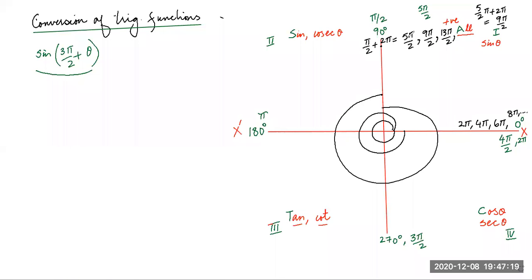Pi by 2, 5 pi by 2, 9 pi by 2, 13 pi by 2, then just add 4. So the next is 13 pi by 2, again 4, 17 pi by 2, and so on. So you know very well what the angles on this y-axis are.